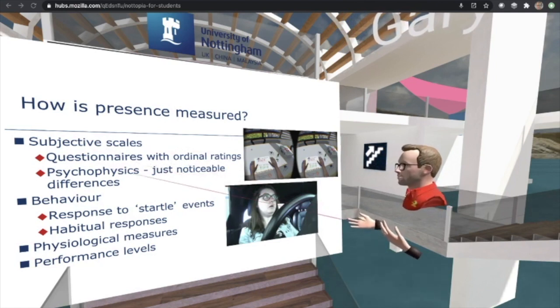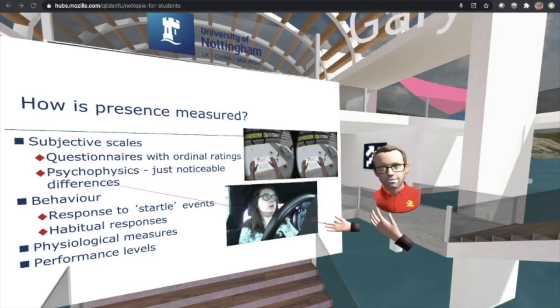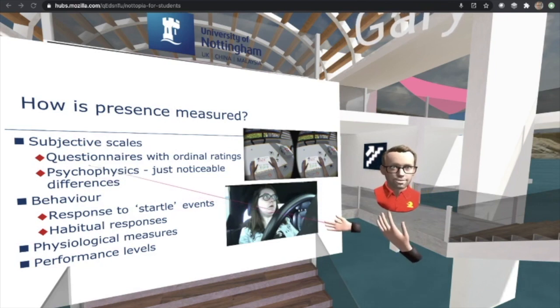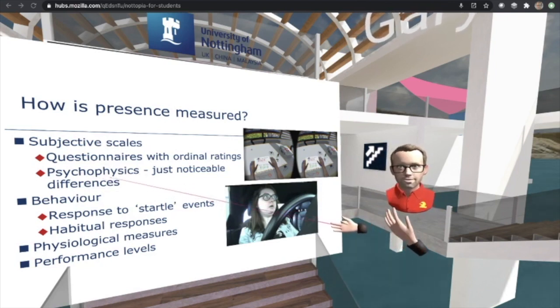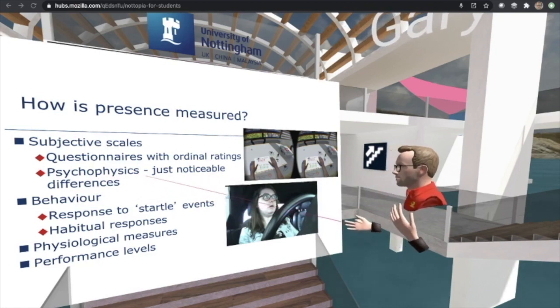Now, in some areas, particularly for certain visual experiences, but also in the area of haptics, you might use psychophysics, where you look for just noticeable differences.